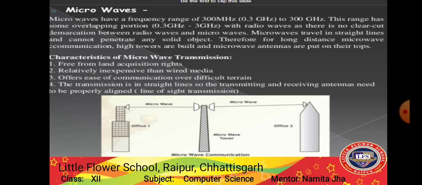Microwaves travel in a straight line and cannot penetrate any solid object. Therefore, for long distance microwave communication, high towers are built and microwave antennas are put on their tops.